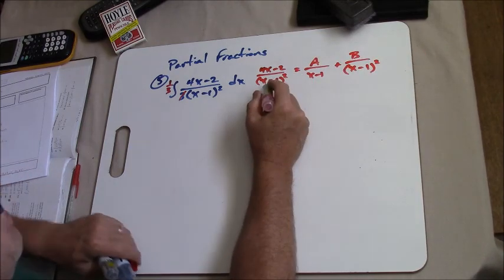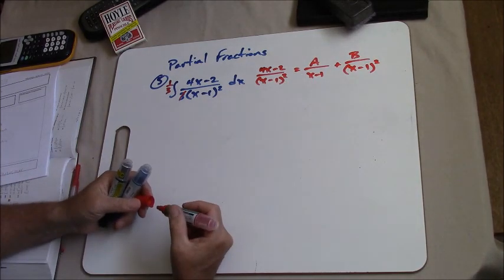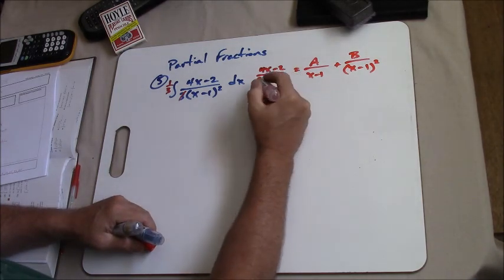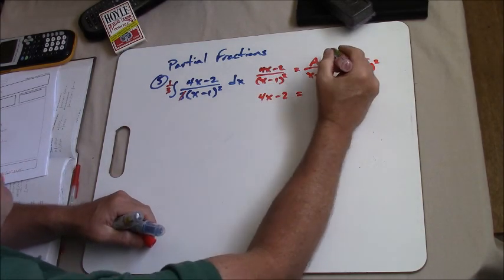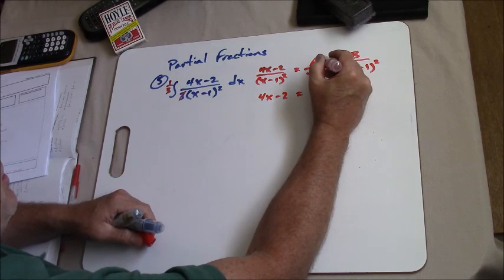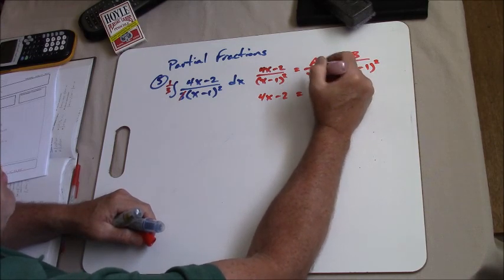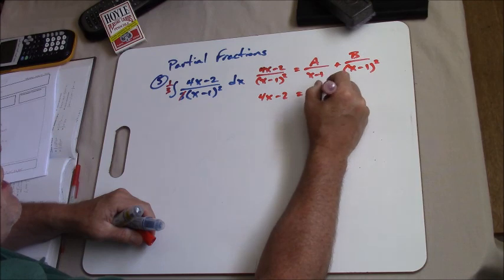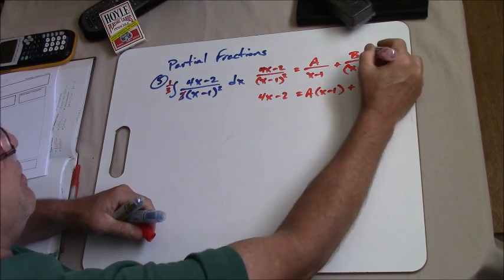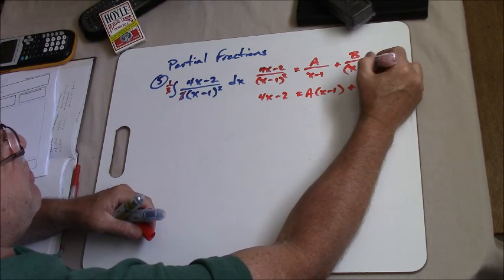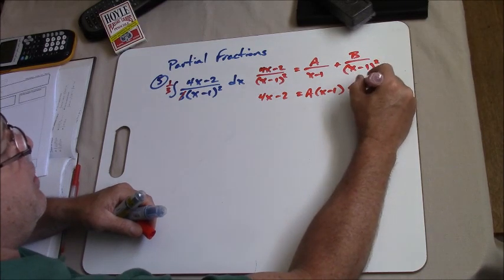And so then if I multiply through by the common denominator, this will cancel, so I get 4x minus 2 is equal to, I'll have an x minus 1 squared here, so one of those will cancel with this. I'll still have an x minus 1. And then when I multiply here, the x minus 1 squares will cancel, so I'm just left with b.